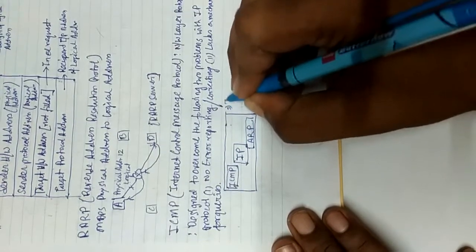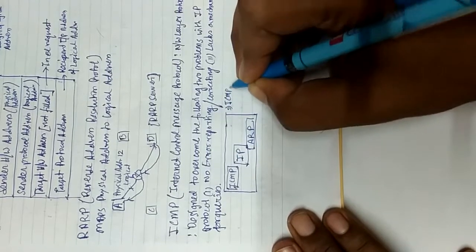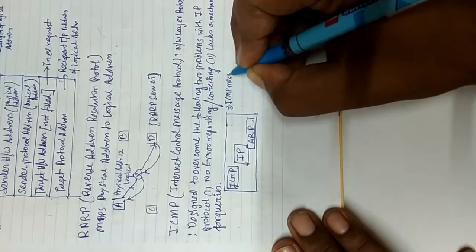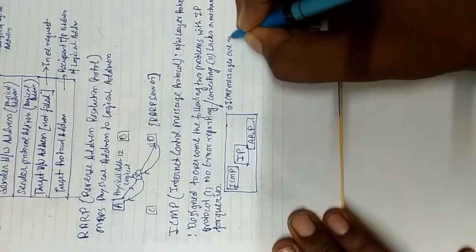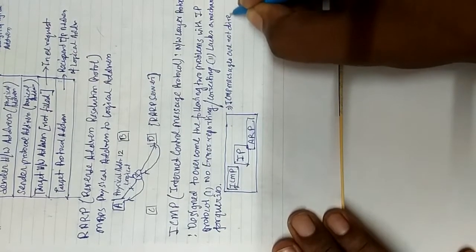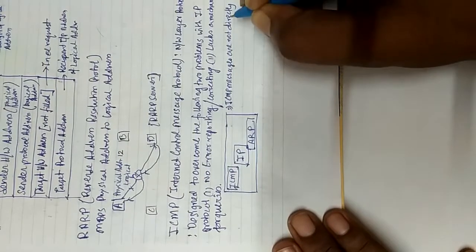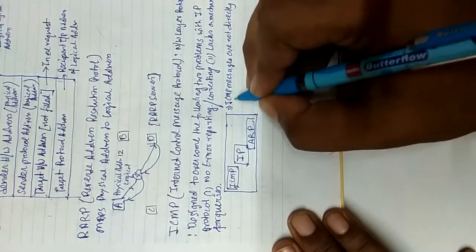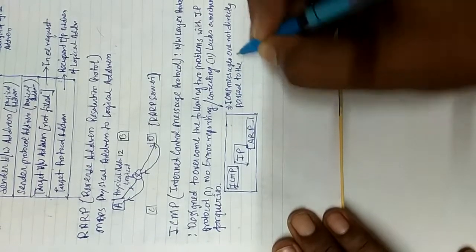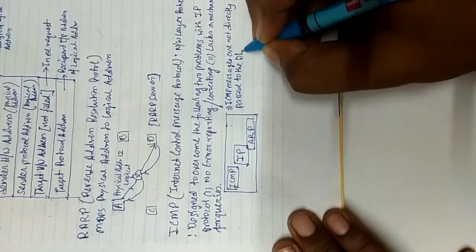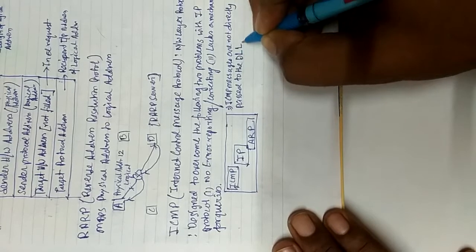So we can write that ICMP messages are not directly passed to the data link layer.